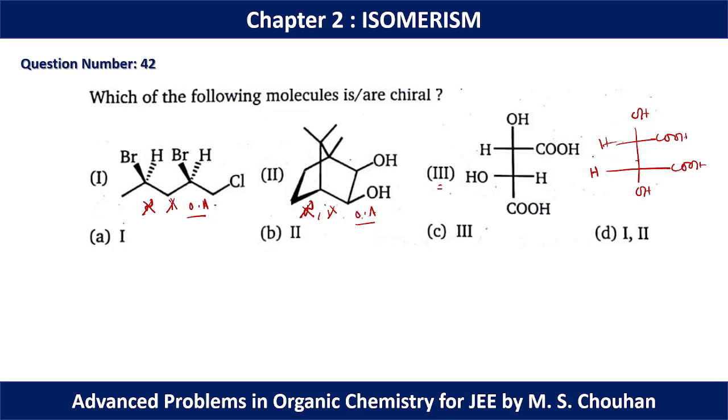So we can have a sigma plane of symmetry present in this molecule. They are identical. If sigma is present, the molecule will be optically inactive and achiral in nature. So molecules 1 and 2 are optically active or chiral. That's why for question number 42, option D is the correct option.